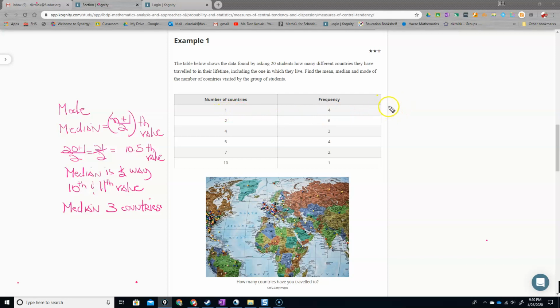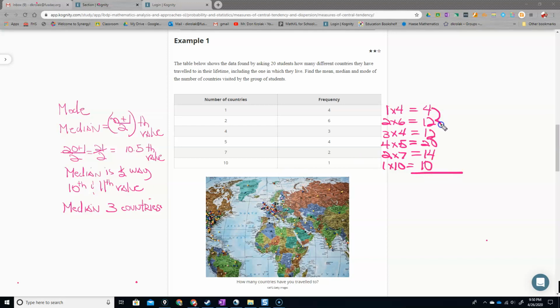So here I'm going to have 1 times 4, all right, then 2 times 6, and I'm going to take those 6 values and add them up.